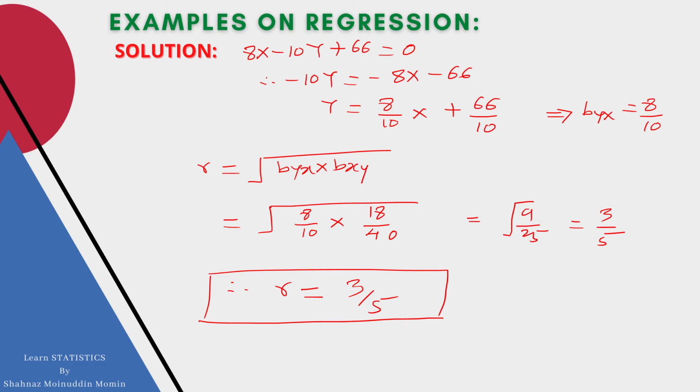In the second example, we are given the sums of the observations of x and y. From that, we obtain the line of regression of y on x and estimate the value of y. From the third example, we obtain the point of intersection of the 2 regression lines, that is the means x bar and y bar, and from those 2 lines, we obtain the correlation coefficient between x and y.